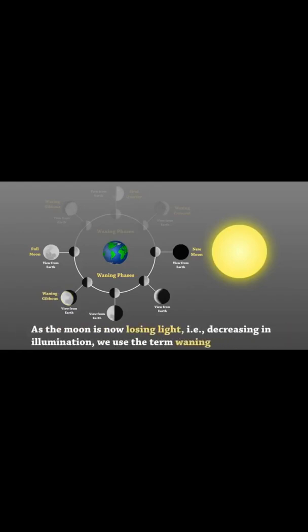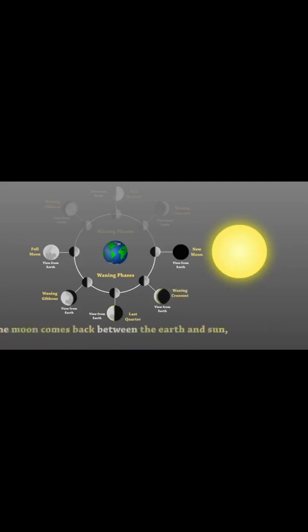As the moon is now losing light, that is, decreasing in illumination, we use the term waning. The next phase is the last quarter, followed by the waning crescent. When the moon comes back between the Earth and the sun, it enters the new moon phase again.